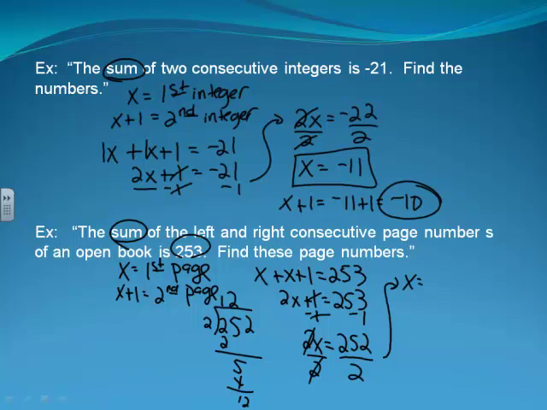Subtract and bring down the 2. 2 goes into 12 6 times. So x is equal to 126. And so your next consecutive integer will be 1 more than that, so 127. So your book is laying open at pages 126 and 127.